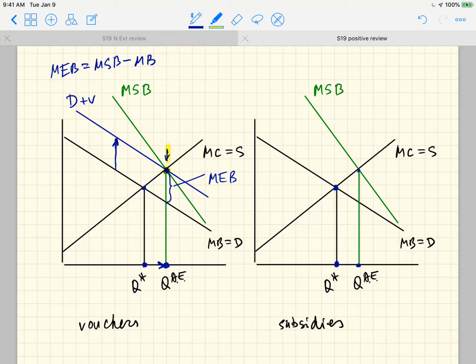Here we will not be moving to this point because we actually will be shifting supply curve down, right? Remember, when you're taking money from producers, you're shifting supply curve up because you're effectively increasing the marginal cost of producing and selling the stuff, which is effectively the same thing as shifting the curve to the left.